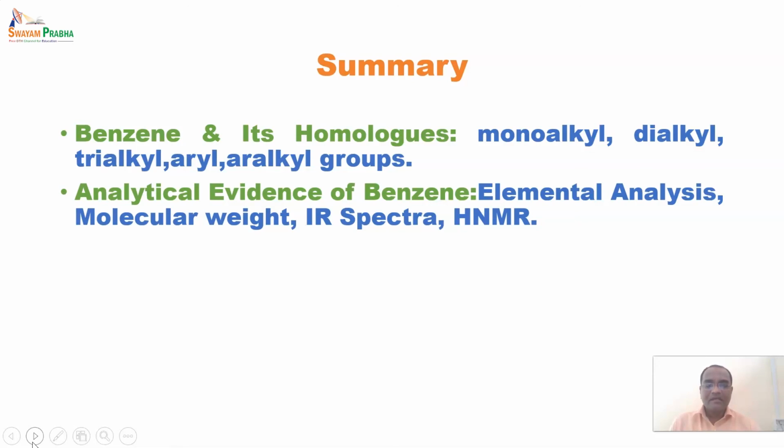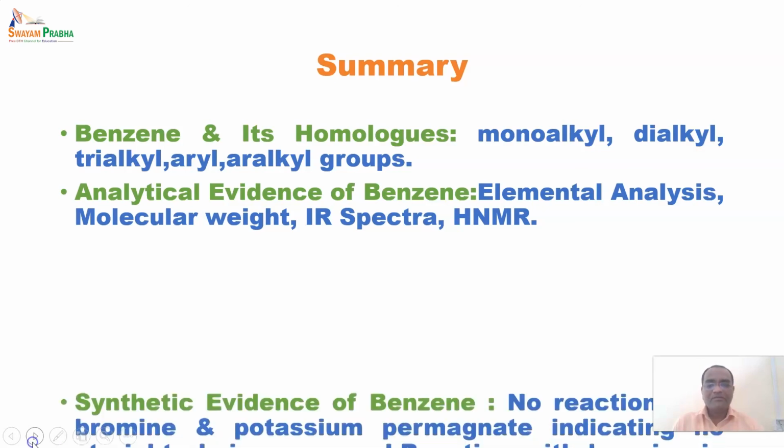In proton NMR, we saw that it shows a singlet, which indicates that all the protons are chemically and magnetically equivalent, in the region of 7.33, so in the region of 7 to 8 delta values. It indicates that the type of proton is aromatic, as in benzene.